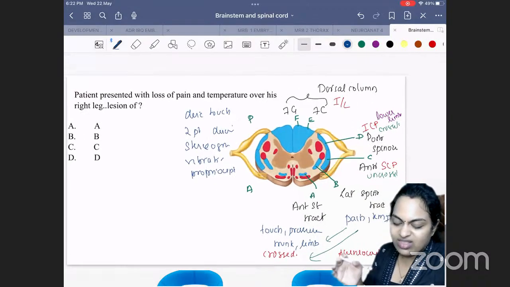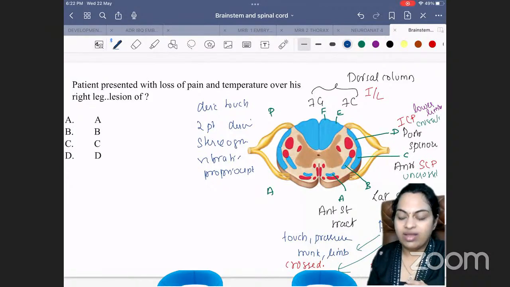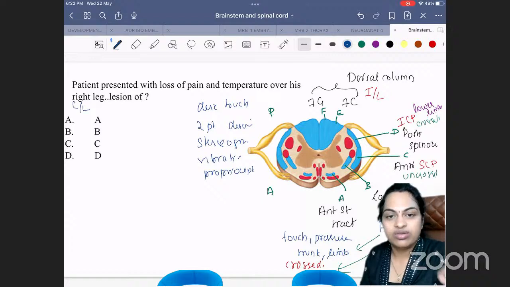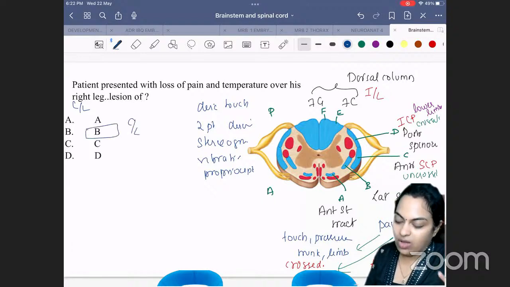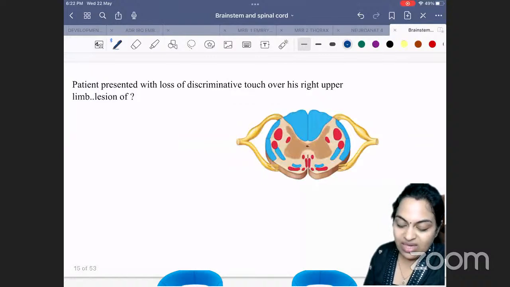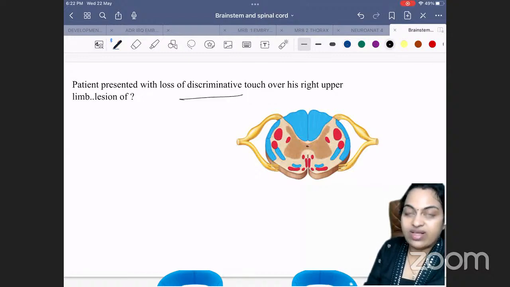Okay, so here I just want to know whether you've understood. So loss of pain and temperature from the contralateral leg. Pain and temperature, which tract did we see? We saw it's the lateral spinothalamic tract. Okay, contralateral. Now this you'll do. Patient presented with loss of discriminative touch over his right upper limb. So discriminative touch, we saw it's concerned with which ascending tract?